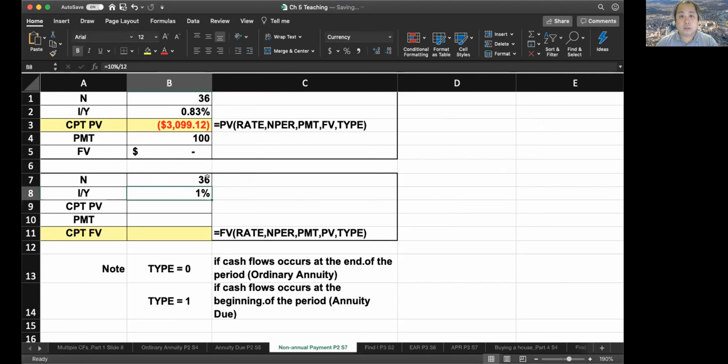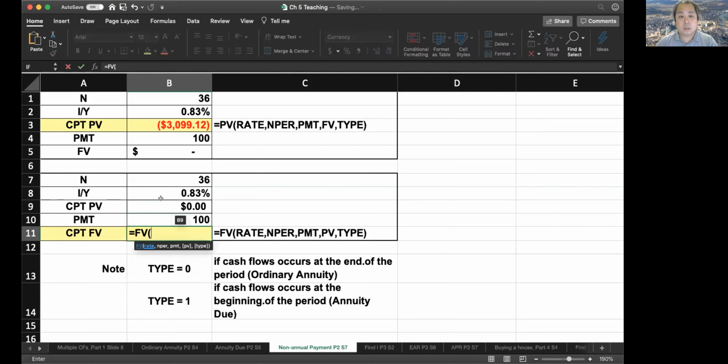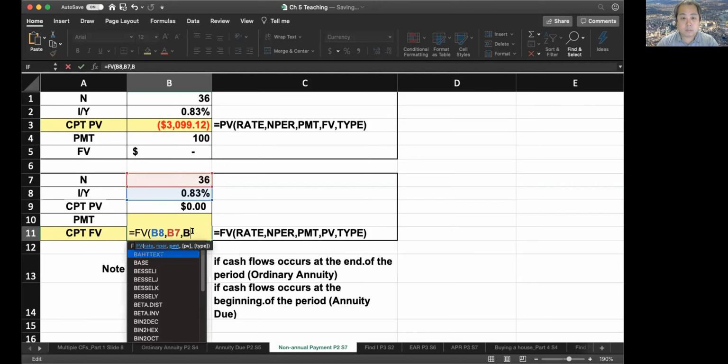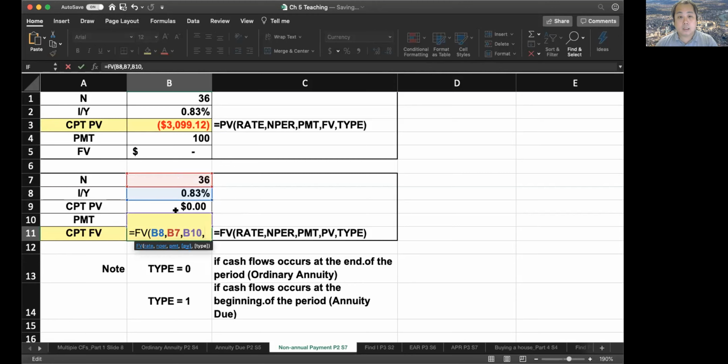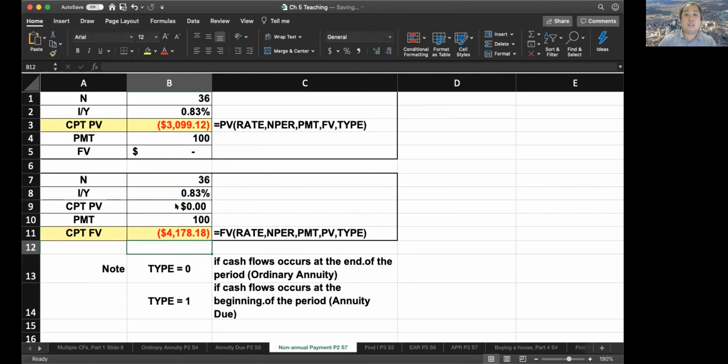And if you increase the number of decimal places, 0.83%, present value 0, PMT 100, and then future value equals interest rate, number of periods, payments, and then present value, $4,178.18. Okay.